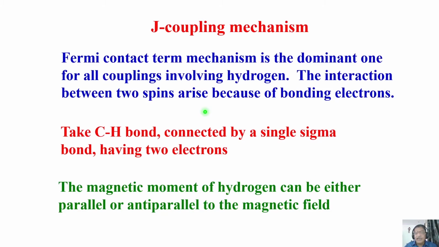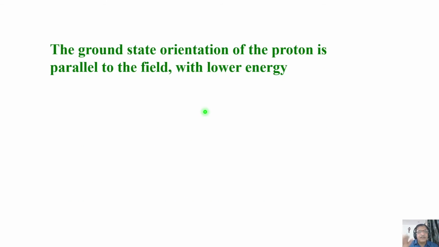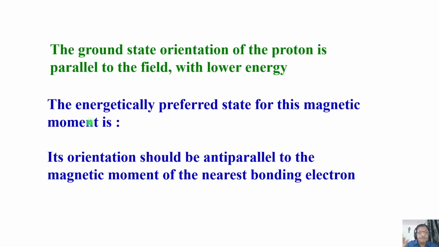With that idea, let us go further. Let us take the ground state orientation of the proton. What is the ground state orientation? It is the alpha state, which is parallel to the field, lower energy. We will consider the alpha state, which is the orientation of the proton parallel to the field, which has lower energy. Now, what is the energetically preferred state for this magnetic moment?